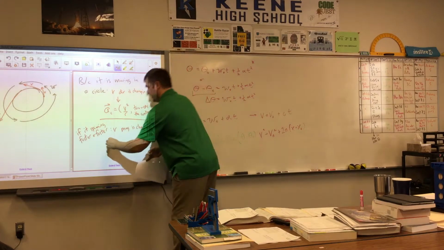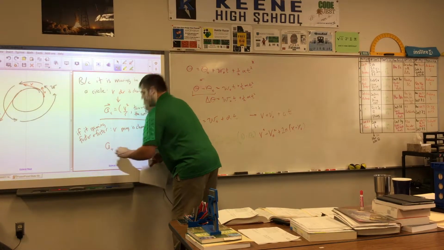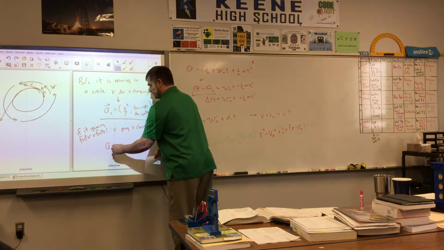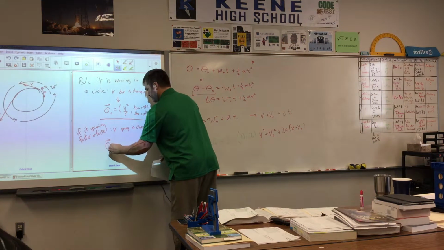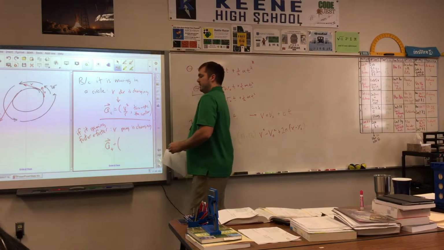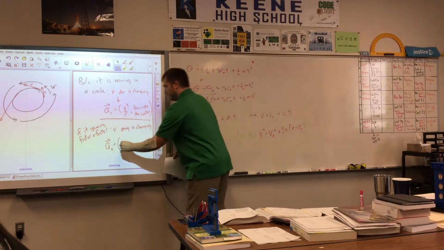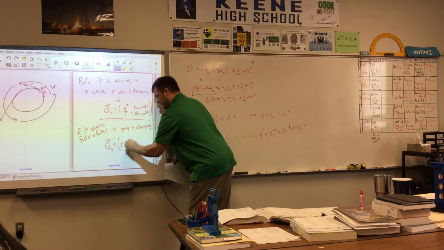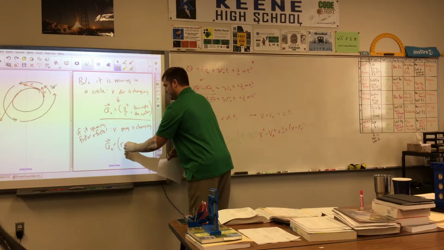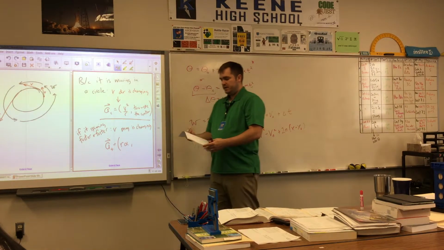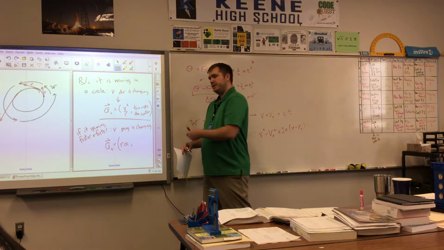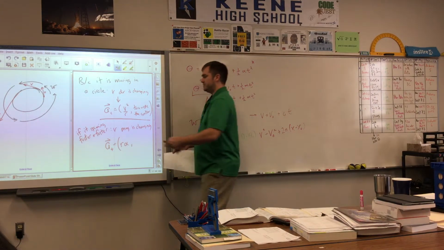We call that tangential acceleration. And its magnitude, we just saw, is equal to r alpha. And its direction is tangent to the circle.